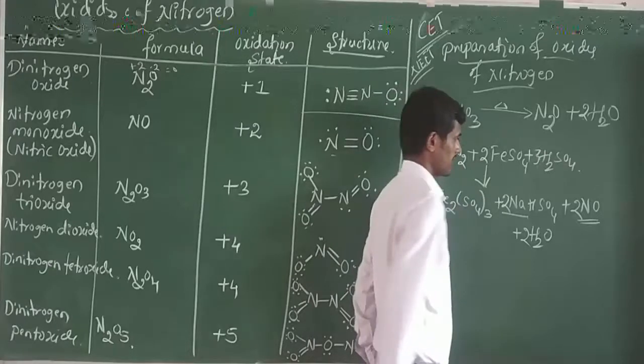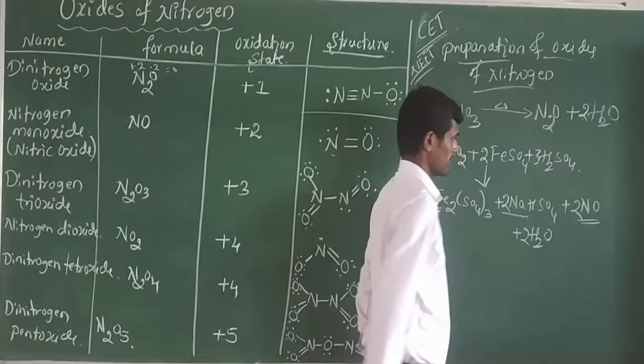Next, another one. Which one is the third oxide here? N2O3 means dinitrogen trioxide. Yes, take this nitric oxide.